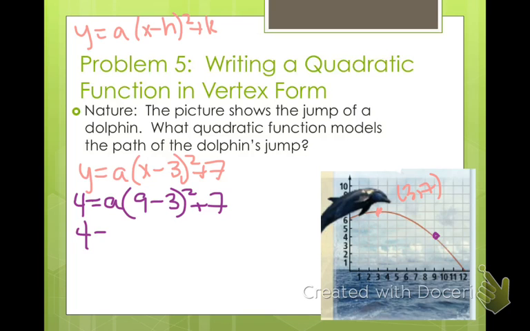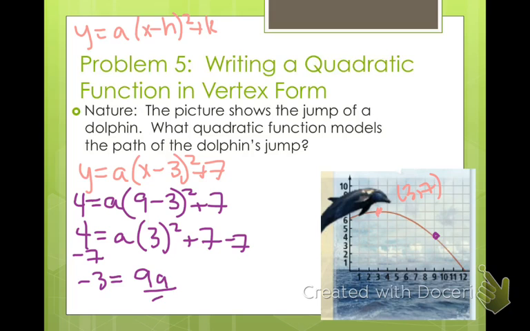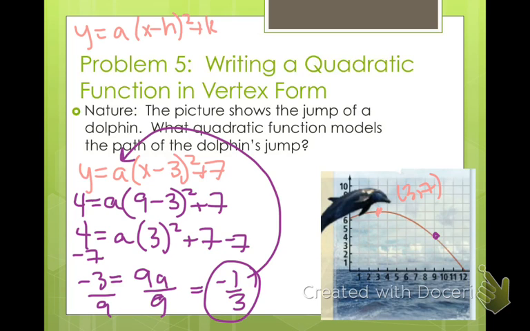So 9 minus 3 is 6, squared is 36, plus 7. Okay, I'm going to subtract 7 from both sides. So I have -3 equals 9a. Divide by 9. A equals -1/3. So I'm going to go ahead and plug that in to my equation right there, and we made a formula. Y equals -1/3 times x minus 3 squared plus 7 models that parabolic jump of the dolphin.